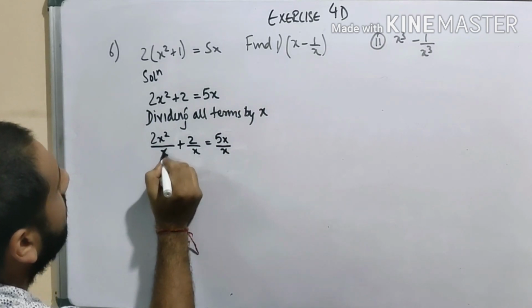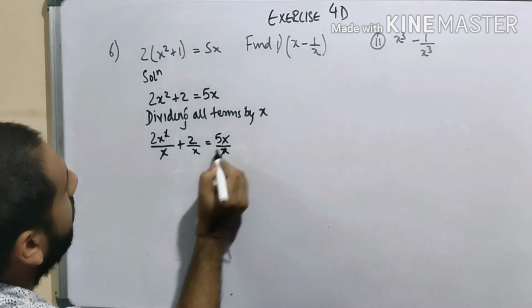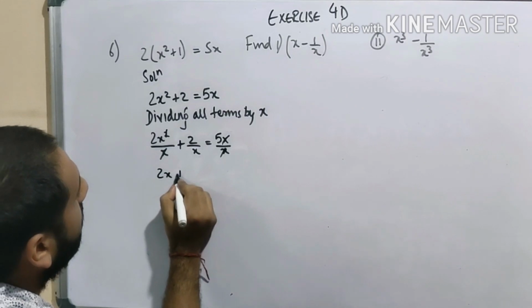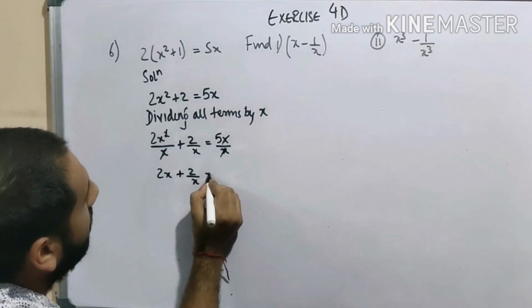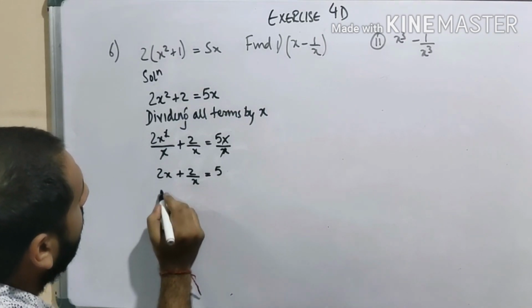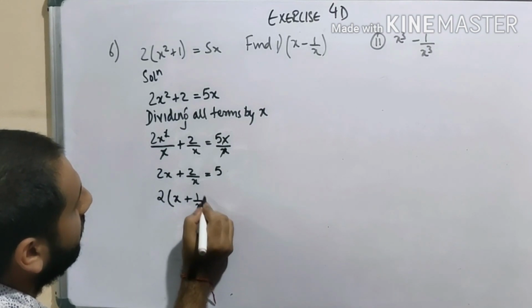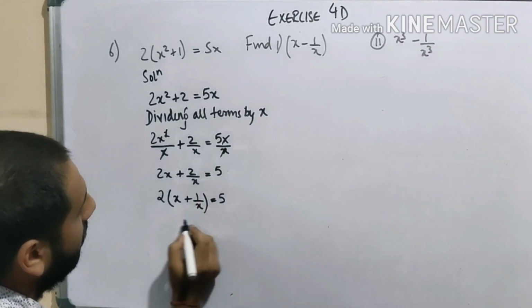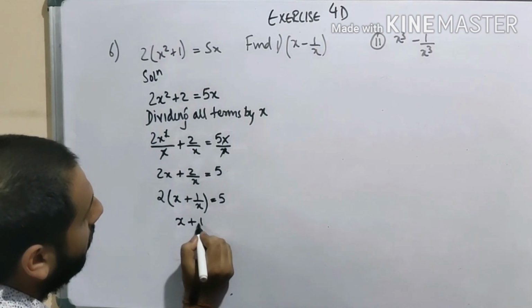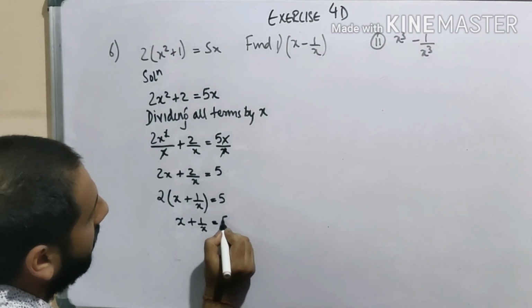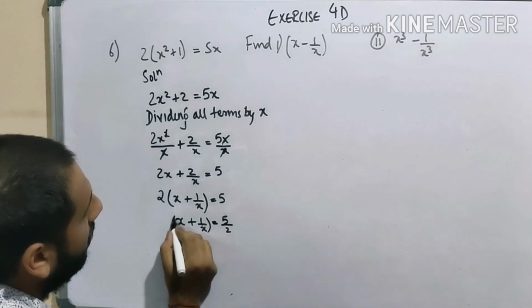We cancel this. It becomes 2x plus 2 by x is equal to 5. When I take 2 common here, this becomes x plus 1 by x is equal to 5 by 2. This is what we got.